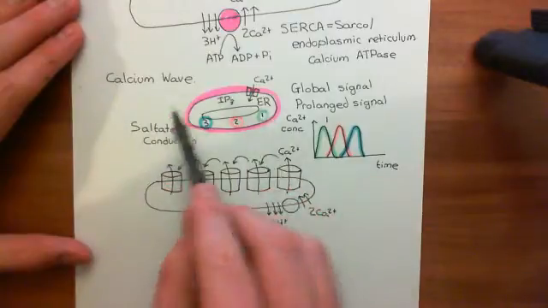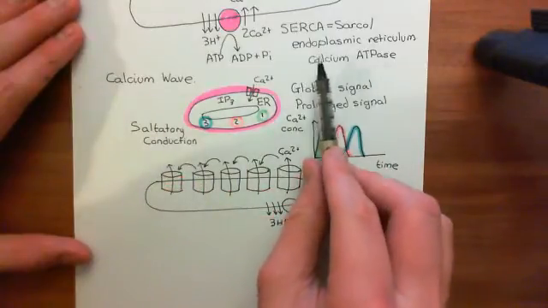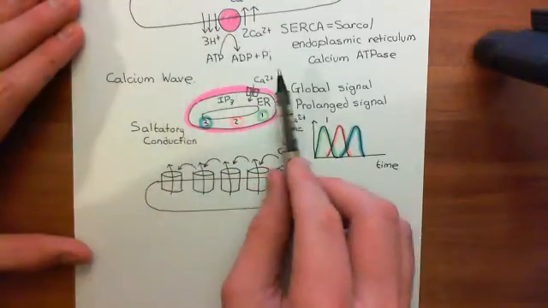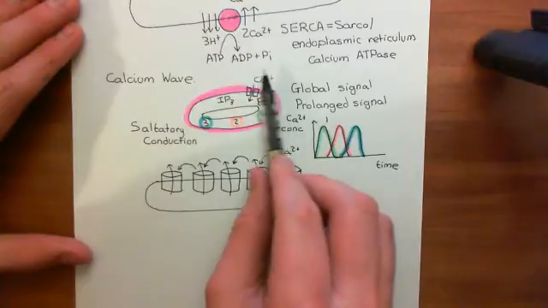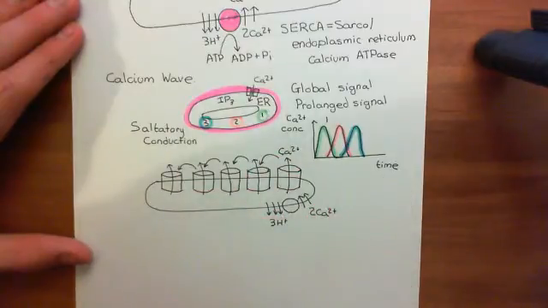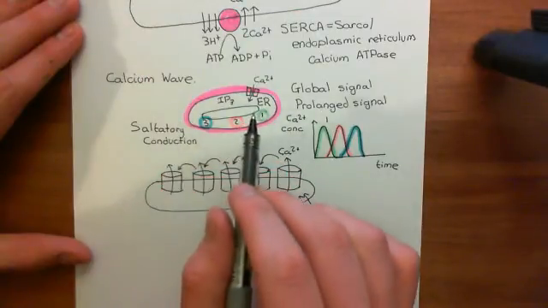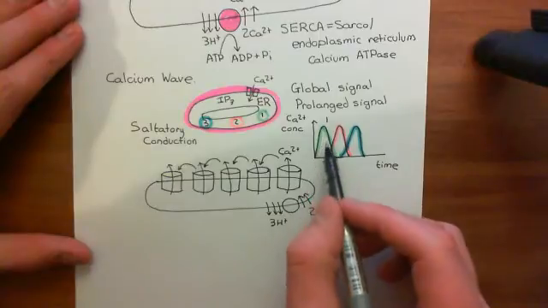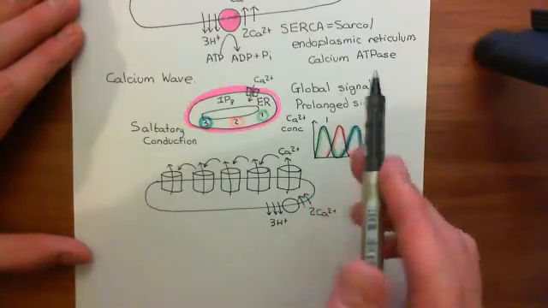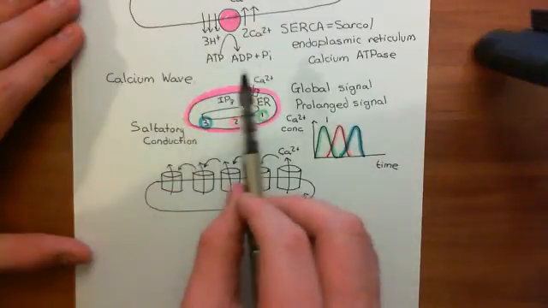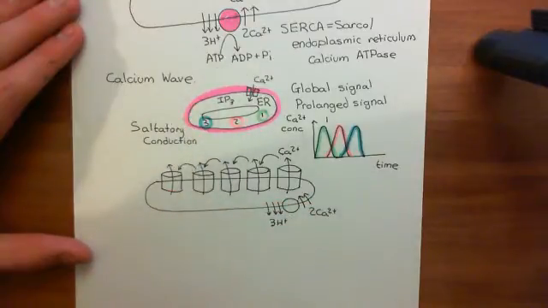Whereas if you put a very low concentration, but you bathe the entire cell, so you give it a global prolonged signal, you'll get much lower frequency calcium waves. So basically, the stimulus intensity is encoded by the frequency of the calcium waves rather than the amplitude. You can't change the amplitude of the calcium spikes. Instead, what you can change is the frequency of the calcium waves. And this again bears similarities with action potentials.